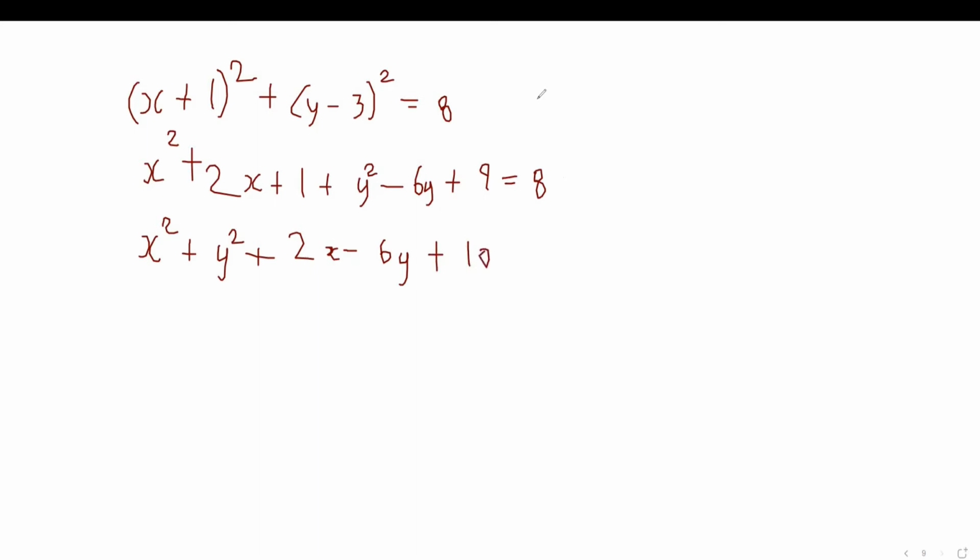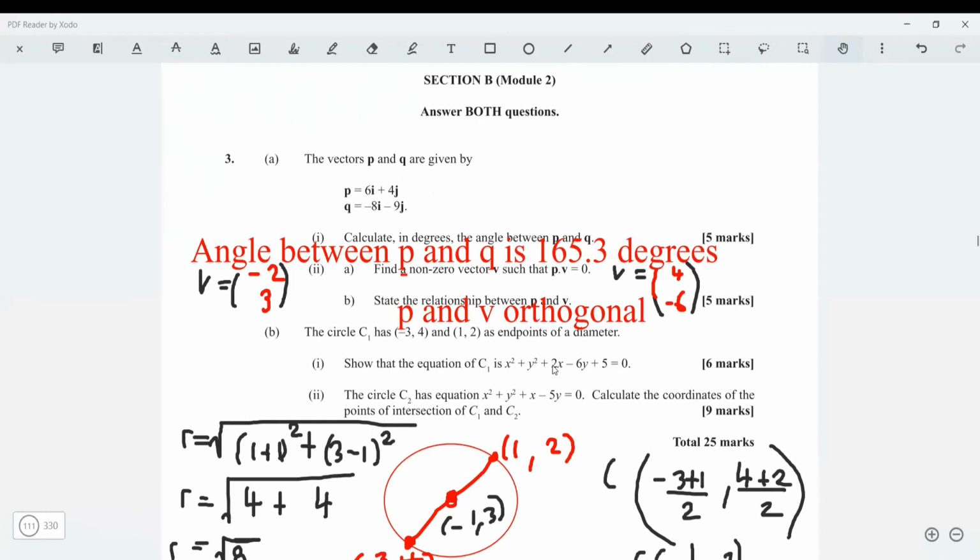Let me see what they want us to show. Wasn't it 5? They have 5 here. Let's check back. 1 minus minus 1, that's 2. 2 squared is 4. Where does 1 come from?